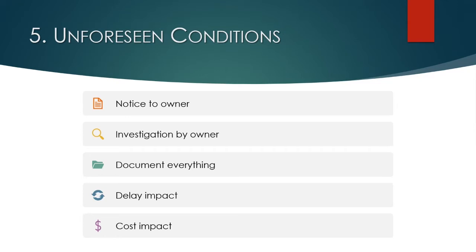They're unsuitable soils, human remains found on a project, all types of things that you had no idea you were going to encounter during the course of the project. It's important to make sure that there's proper notice provided, and that there is investigation and documentation, and that, to the extent there is a delay and cost impact, those things are considered.